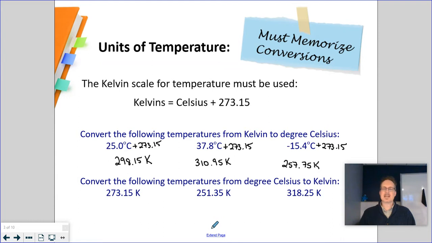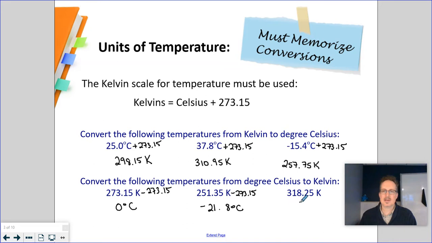Now, sometimes the question is going to ask us to give the answer at the end in degrees Celsius. We still have to use the formula in kelvins because that's how the formula works. It always has to use kelvins. However, to get out of kelvins, you're going to now subtract 273.15. So we're going to take our Kelvin number, subtract 273.15, and this is going to represent degrees Celsius. 251.35 minus 273.15 is going to get us negative 21.8 degrees Celsius.